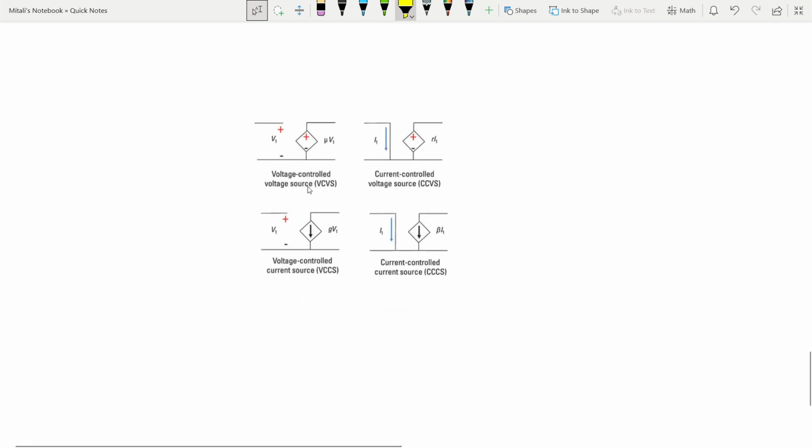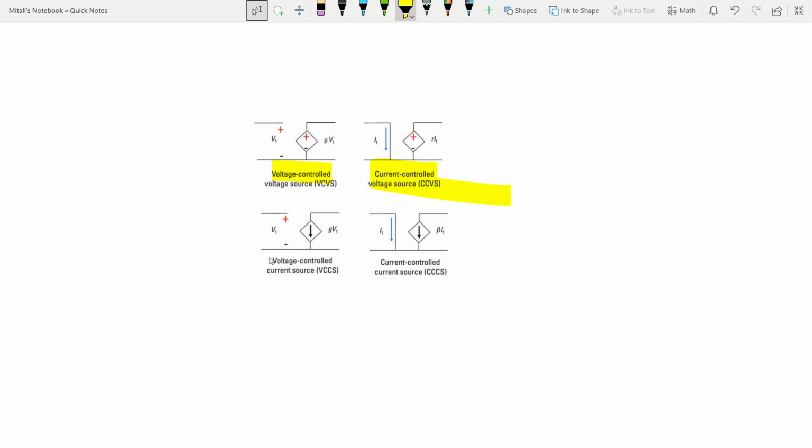They are the voltage controlled voltage source, where we can see the voltage is controlled by a voltage, VCVS. Then the current controlled voltage source, where the voltage source is controlled by a current flowing through another circuit.